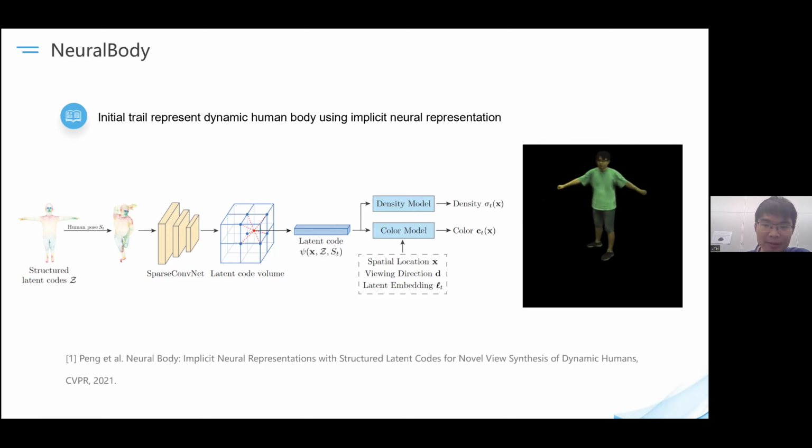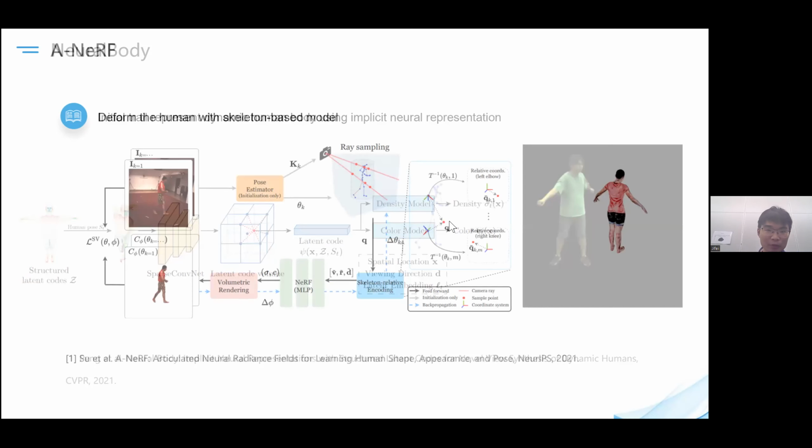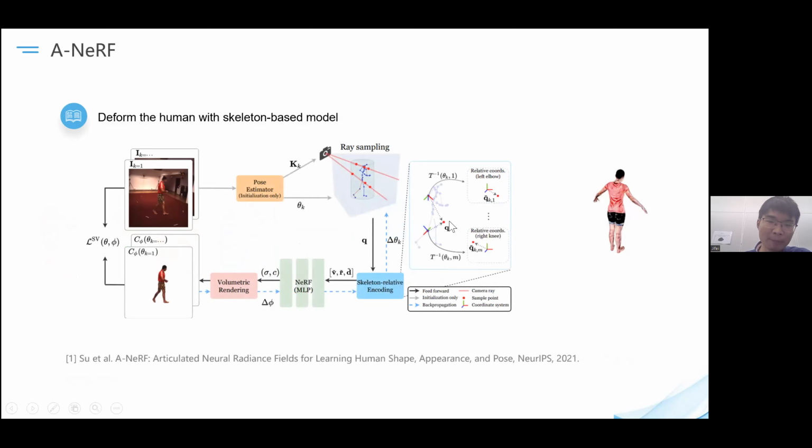Yeah. And after this work, or actually this work is a kind of concurrent work with that one. What they are doing here is that they build the human, they model the human in canonical space, and in this canonical space they view the human as static, and then given any dynamic frame, they try to map the observation space into that canonical space.